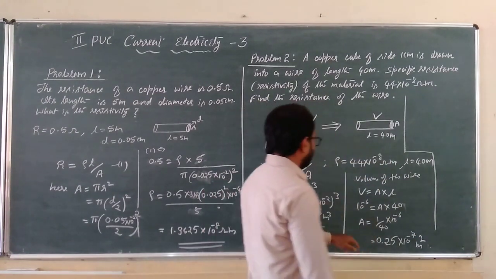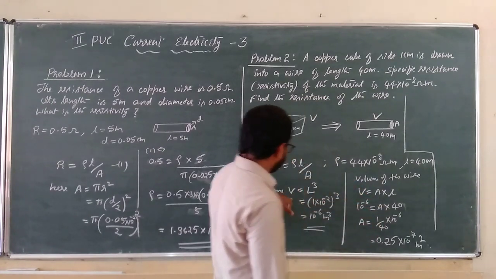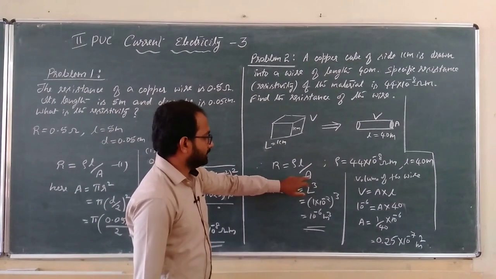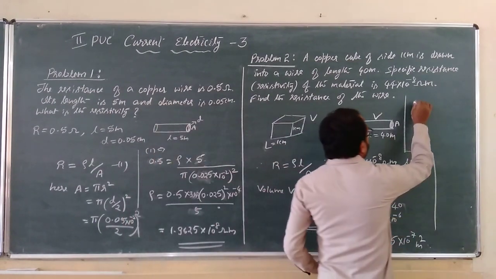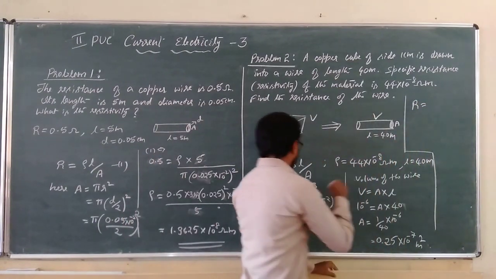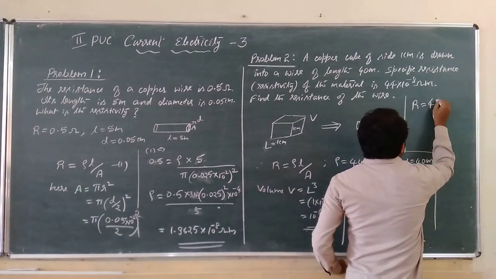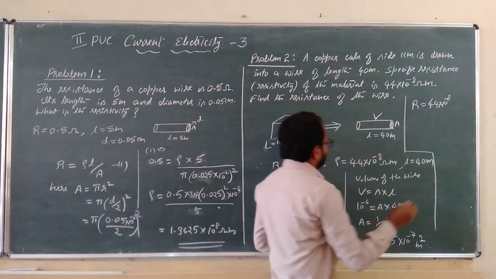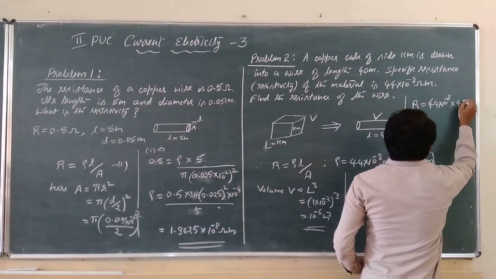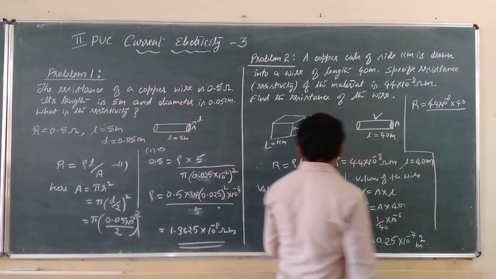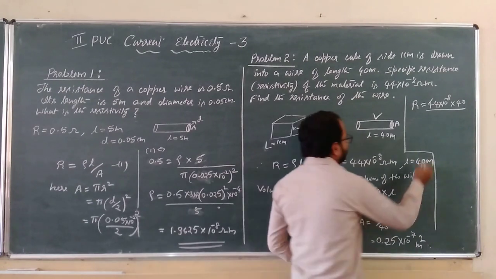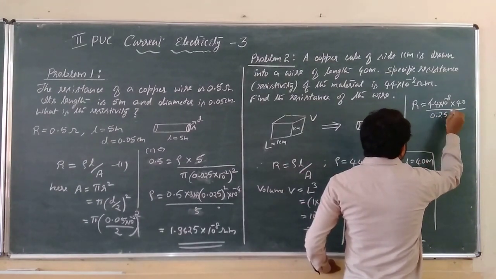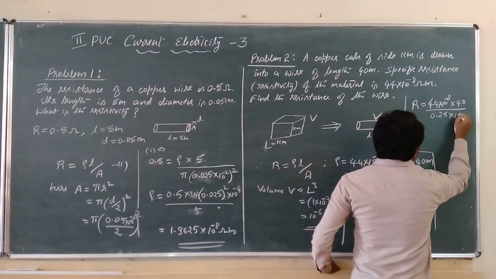Therefore the area is this much, so just substitute now. Rho is given, L is given, so we can calculate R. R is equal to rho, which is 44 into 10 to the power of minus 8, times L, which is 40, divided by A, which is 0.25 into 10 to the power of minus 7.